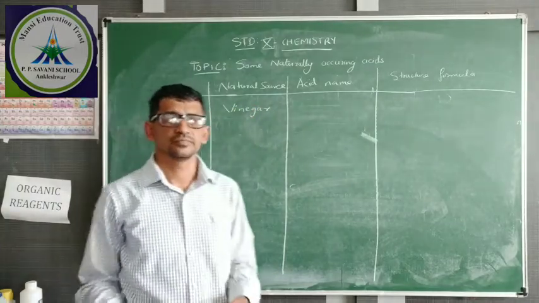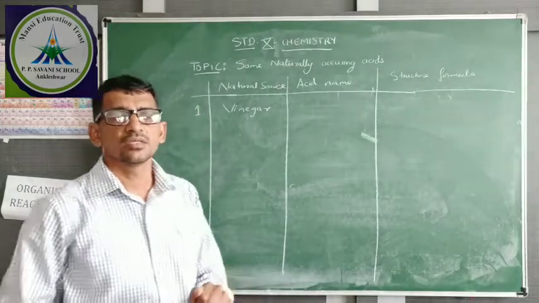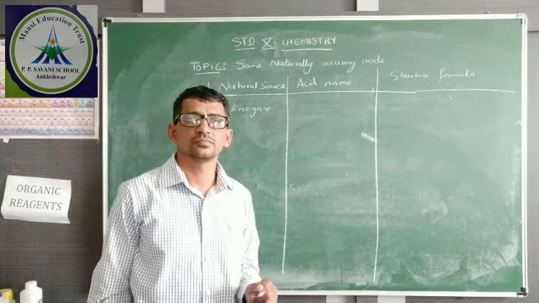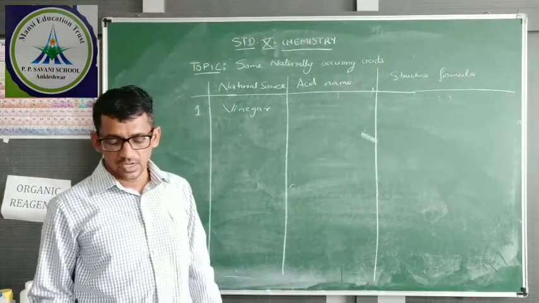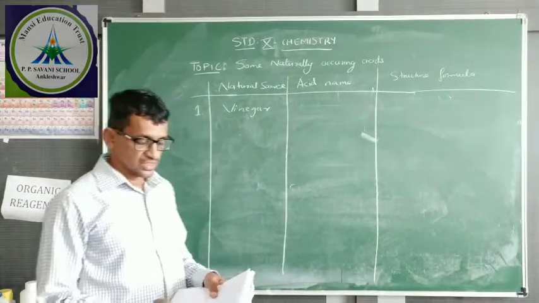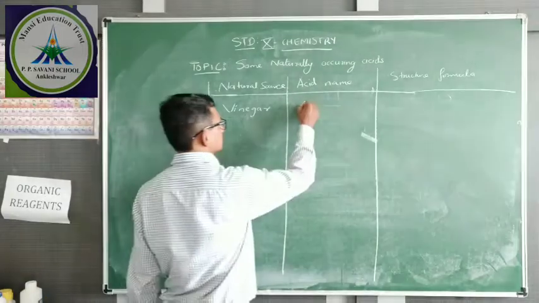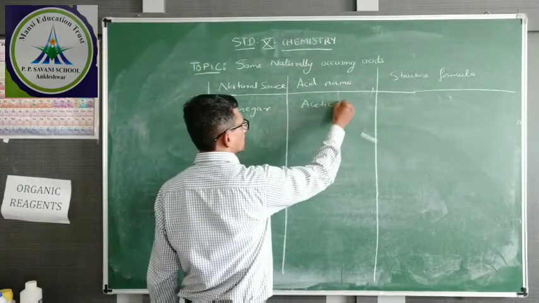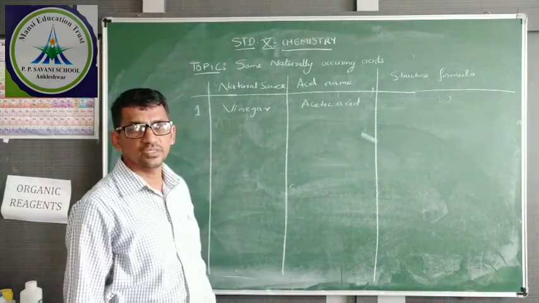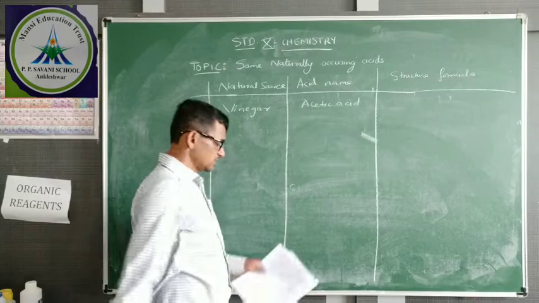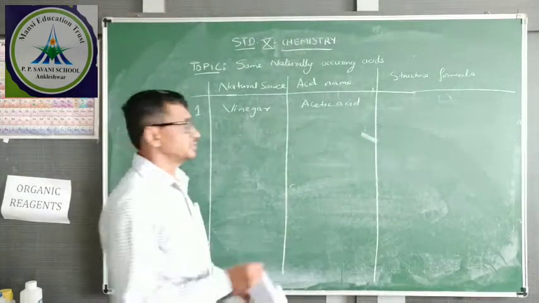Mostly in Chinese food, vinegar is added. The acid in vinegar is acetic acid. Its IUPAC name is ethanoic acid.